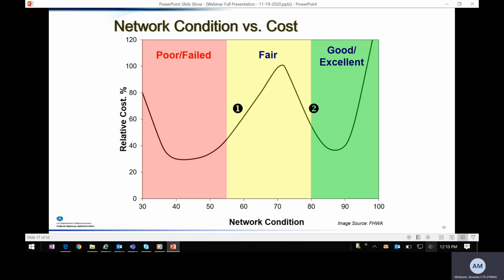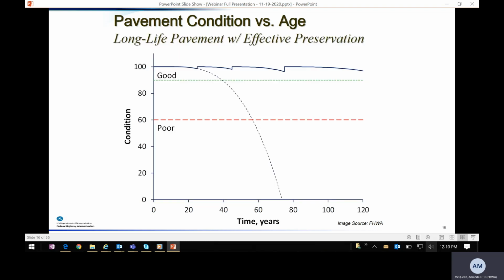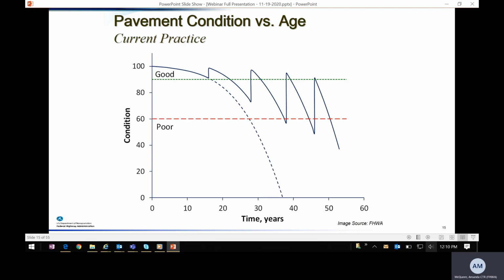So this is what we're used to seeing in pavement design, in the pavement discipline. And I think this is part of the problem of why we have this issue of declining network condition, because it is accepted as a given in pavement engineering that pavements deteriorate over time.